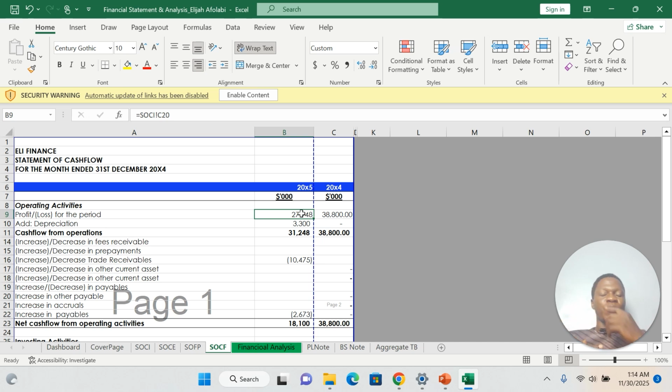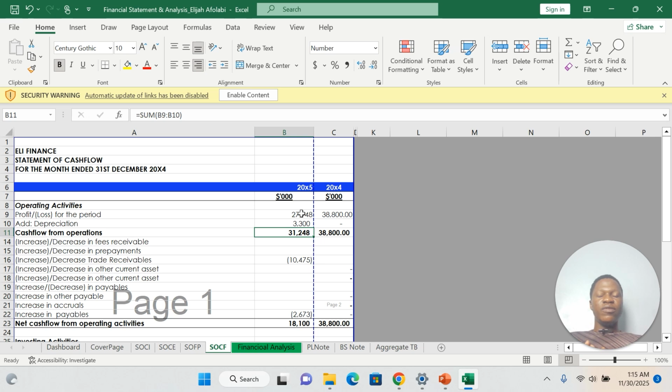So because we want a true position in terms of cash or the liquidity of the business, we have to add back non-cash items. And if there is any movement in working capital items like receivables, payables, all items under your current assets and current liabilities, if there is any change between the 2 years, it means that cash has either gone out or you have received more cash.